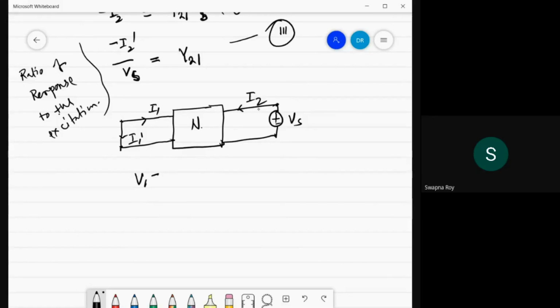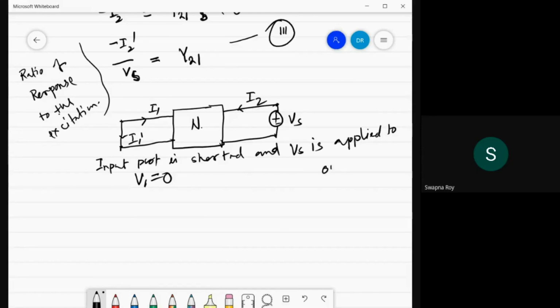Now V1 is equal to 0. The input port is shorted and Vs is applied to output port. So V2 is equal to Vs. Now I1 is equal to minus I1 dash.